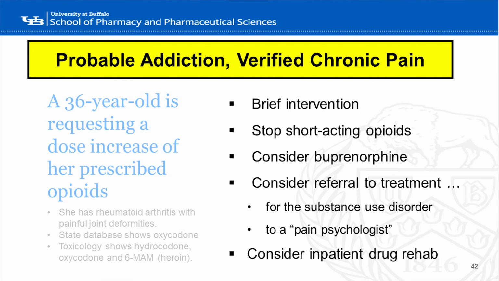So you're kind of stuck here. If you continue prescribing short-acting opiates, you actually may feed her addiction. But if you take the opioids away, her pain might get worse. Here, the physician could perform a brief intervention, stop the short-acting opiates, consider the use of buprenorphine, consider referral to treatment for a substance use disorder or pain psychologist, and maybe even consider inpatient drug rehab.